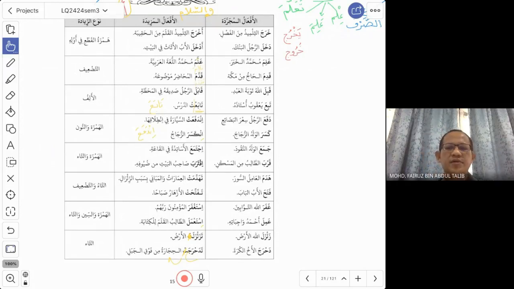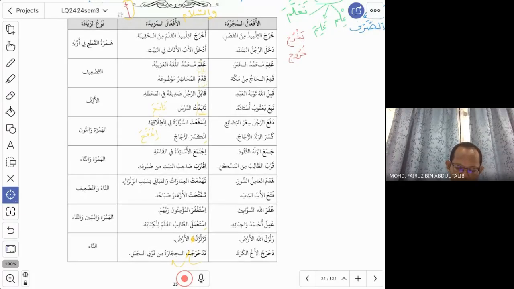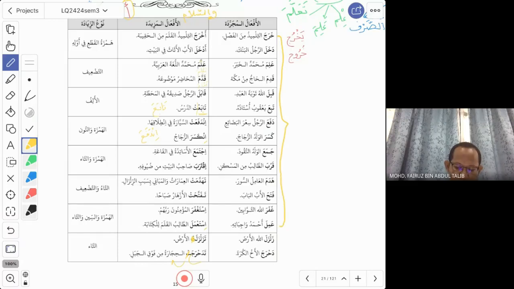All right. If there's no question, we continue. Now we go back to all of these examples. If you look at the examples from number 1, kharaja, until amila, these are all fi'il of 3 huruf, 3-letter fi'il. Since they are 3-letter fi'il, we call them fi'lun sulasi.